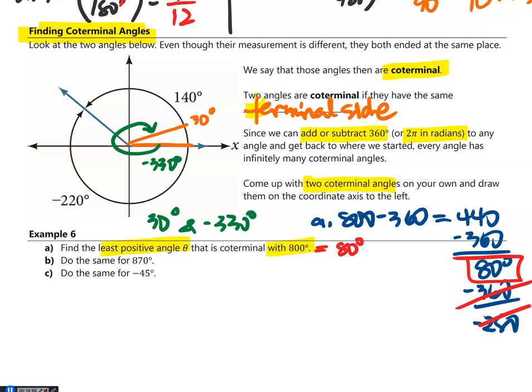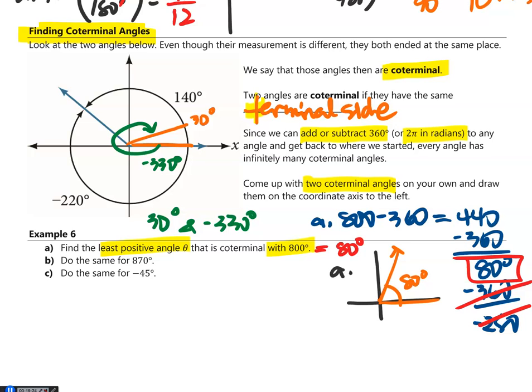So for letter A, the answer is 80 degrees. It's coterminal with 800 degrees.